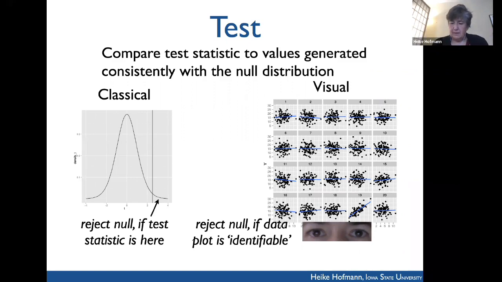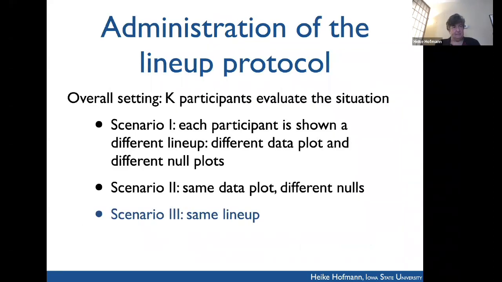So we now have a way of actually showing people visualizations. And there's different ways of actually administering this lineup protocol. So overall, there's different scenarios, but the scenario that I want to focus on is assume that we're showing the same lineup to k independent participants.